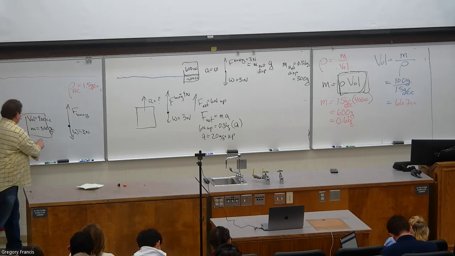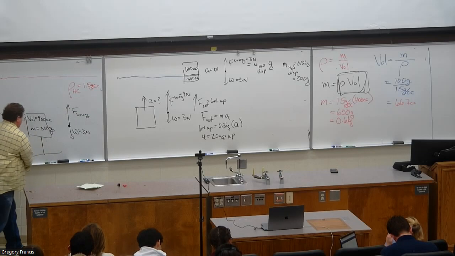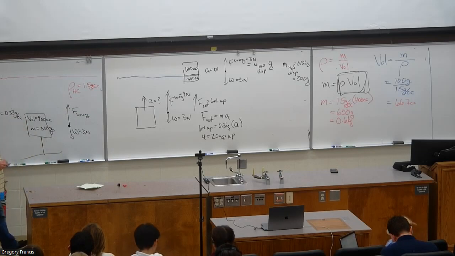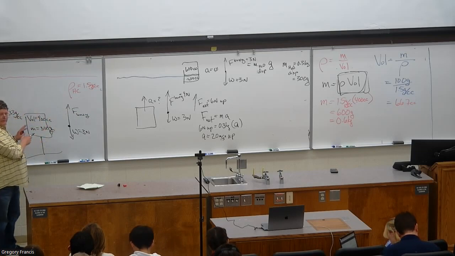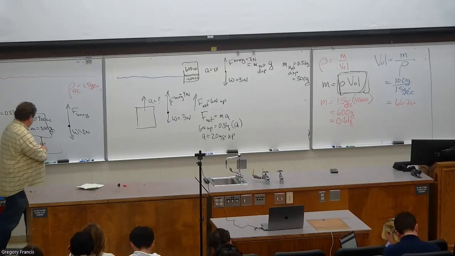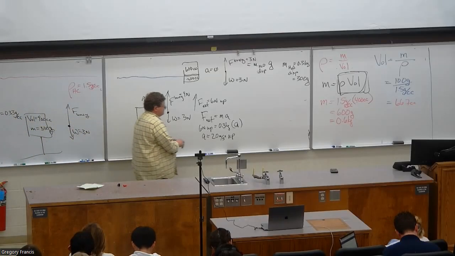Because it's completely submerged, again, it's tied to the bottom of the pool, it's displacing its whole volume of heavy cream. And so I have to know how many grams that is going to be.